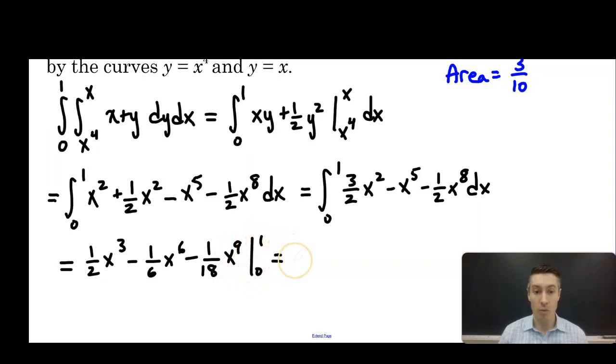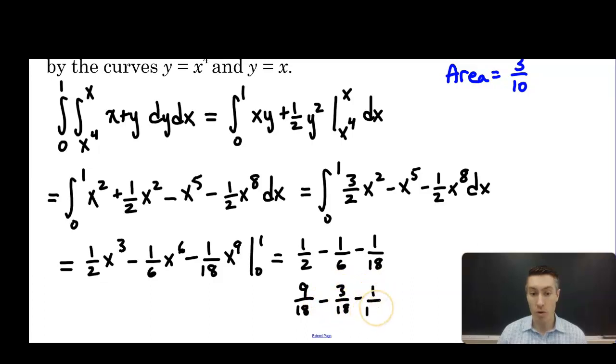Evaluate that from 0 to 1. So 1/2 minus 1/6 minus 1/18, and then 0 terms. So that's going to be 9 over 18 minus 3 over 18 minus 1 over 18, 5 over 18.